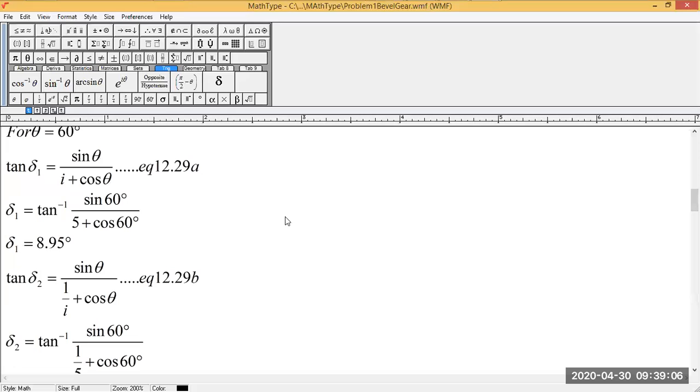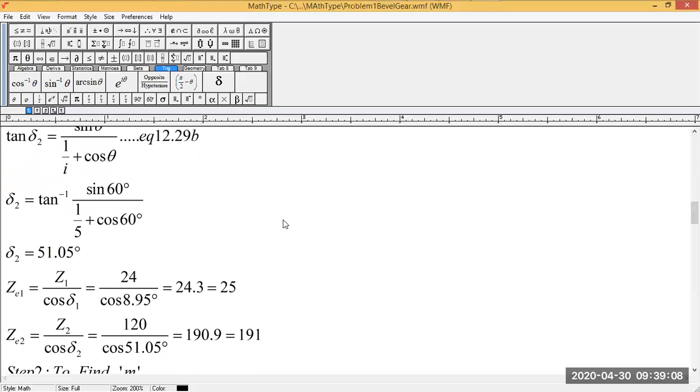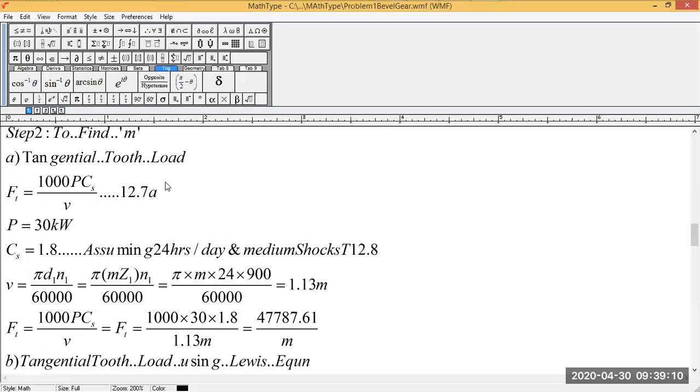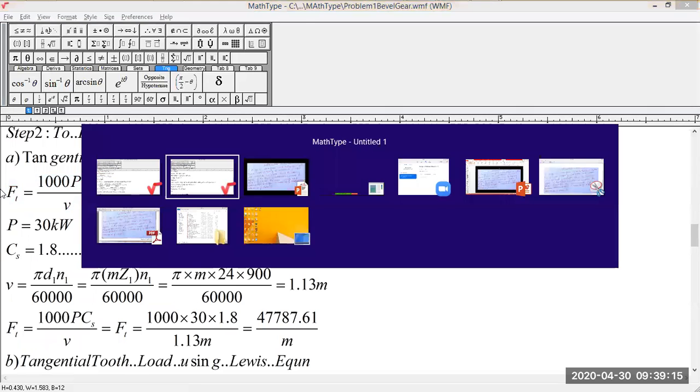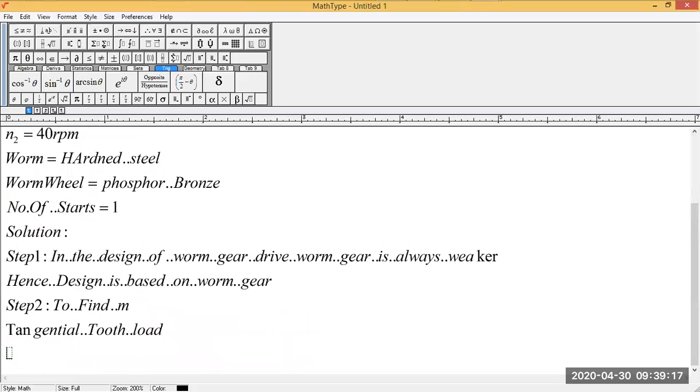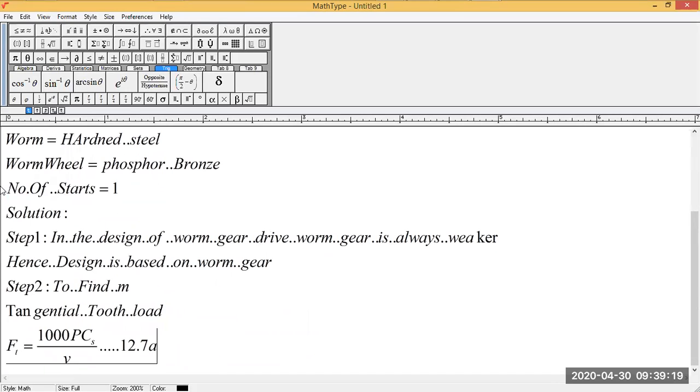Just copy this formula here. This is the generalized formula for tangential tooth load. Okay, this is the first part, the tangential tooth load.